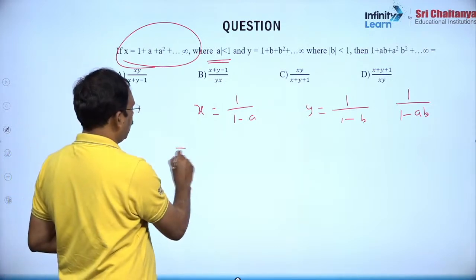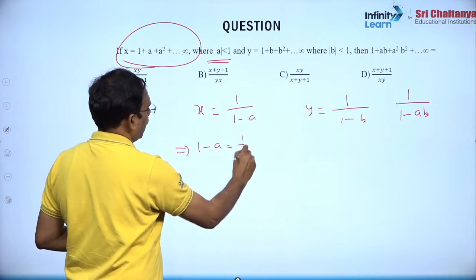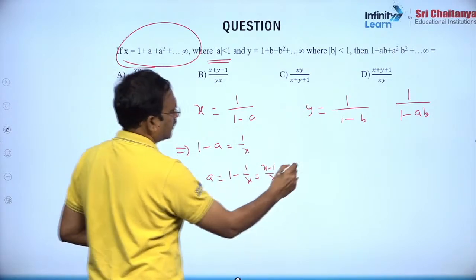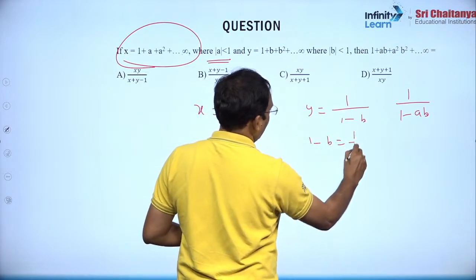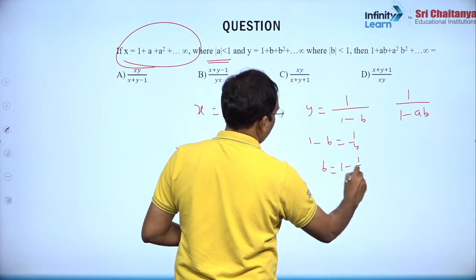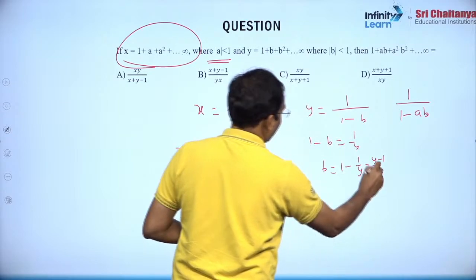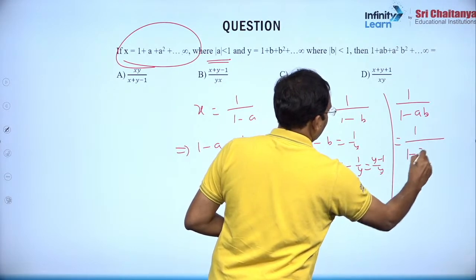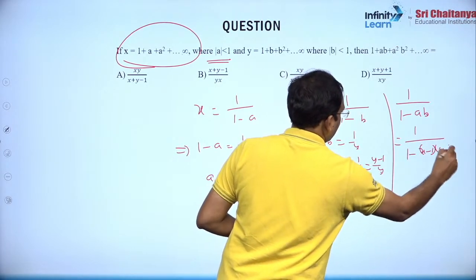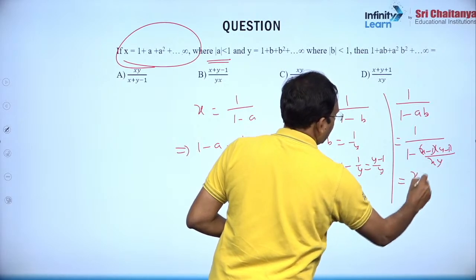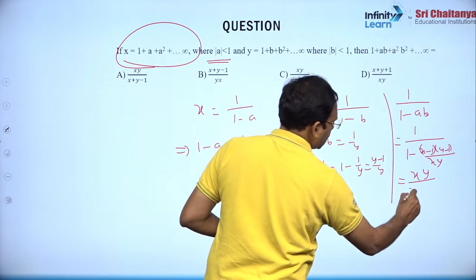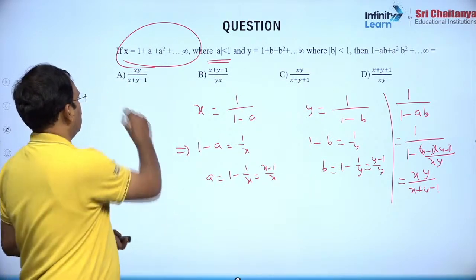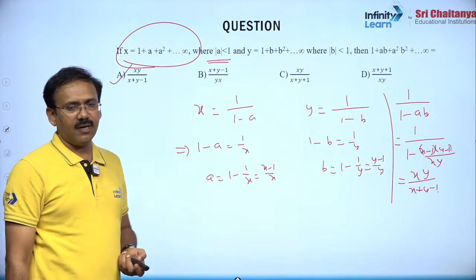So, for that, 1 minus a is 1 by x and a is 1 minus 1 by x, which is x minus 1 by x. Similarly 1 minus b is equal to 1 by y, b is equal to 1 minus 1 by y, which is y minus 1 by y. So here you can replace 1 by 1 minus (x minus 1) into (y minus 1) by xy. So finally you will get xy by x plus y minus 1. Option A is the right answer, my dear friends.